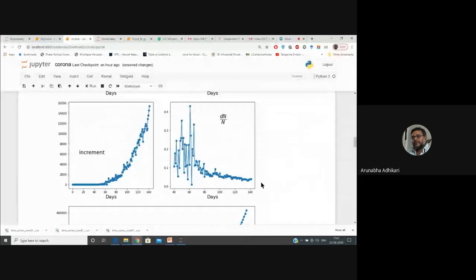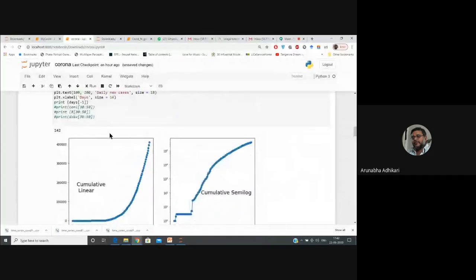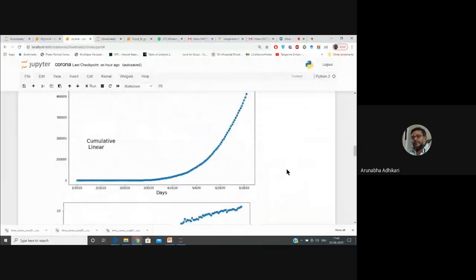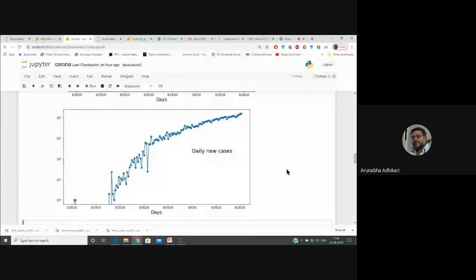You don't see that plot very often, and it intrigues me that the dn by n data, after a few initial fluctuations, now has a continuously declining trend. Even when we have 4 lakh cases, it is showing a declining trend. And this is the cumulative linear, and this is also the daily new cases in log scale.